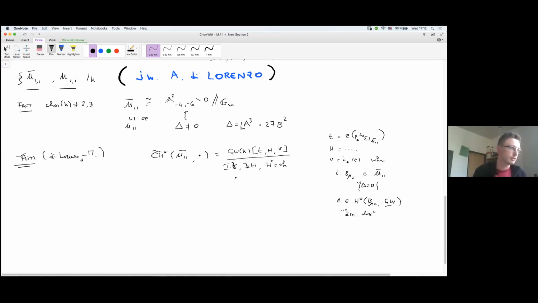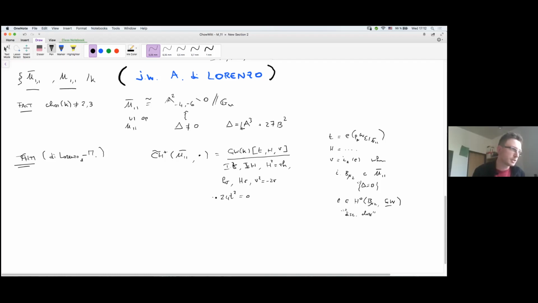And now there's all the relations that relate V with the other generators, and it's that HV is equal to 0, big HV is equal to 0, V squared is equal to minus 2V, and then the 2 most important ones, which are that 24T squared is equal to 0.